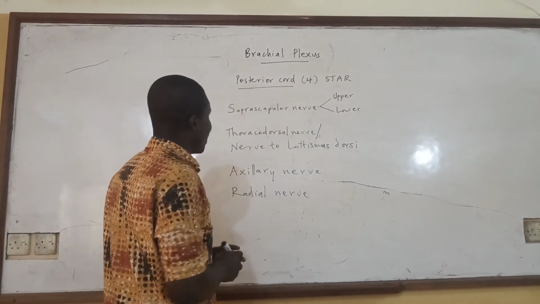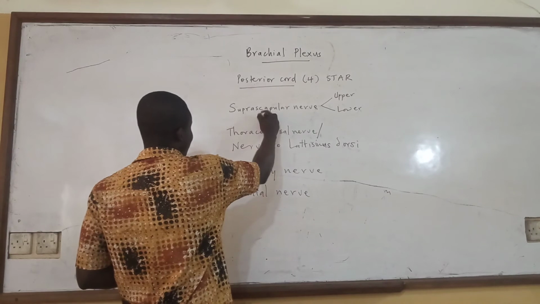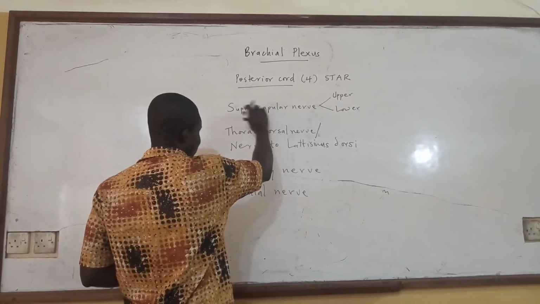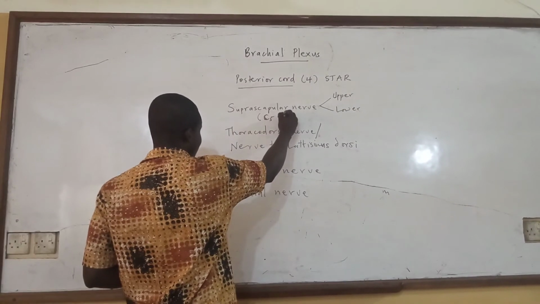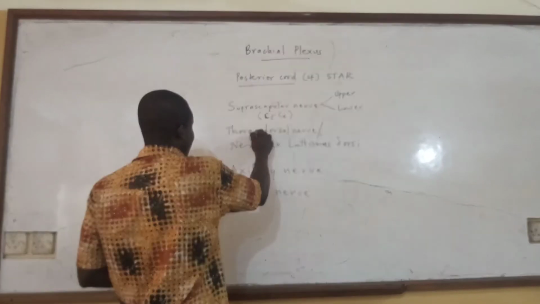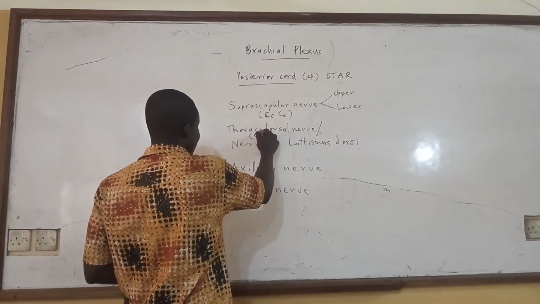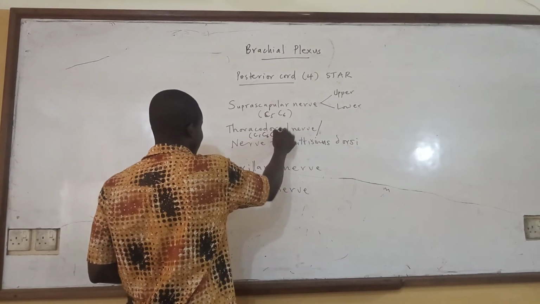Now, for the root values, it begins from C5. So suprascapular nerve C5, C6. Thoracodorsal nerve actually from C5, C6, and C7.